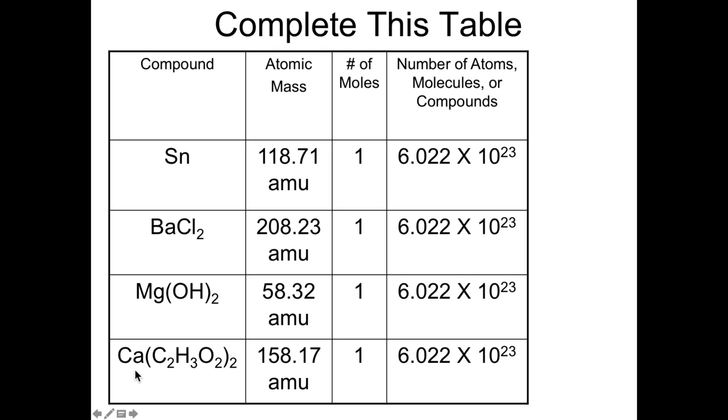And for calcium acetate, we have 1 calcium, 4 carbons, 6 hydrogens, and 4 oxygens, which will be 158.17. Because these are the atomic masses for these respective elements and compounds, that will all equal 1 mole. And as we talked about, if you have 1 mole of something, you're going to have 6.022 times 10 to the 23rd.